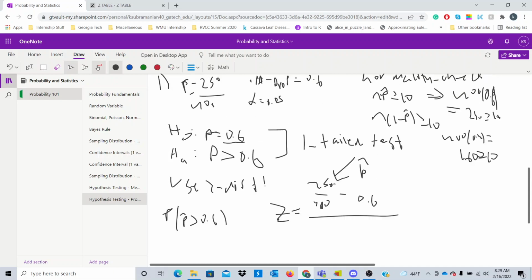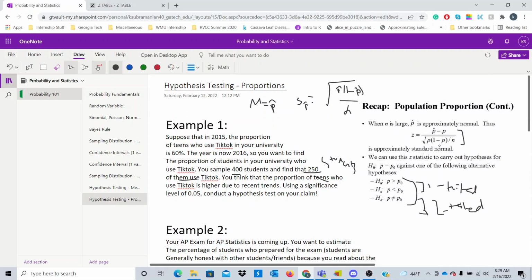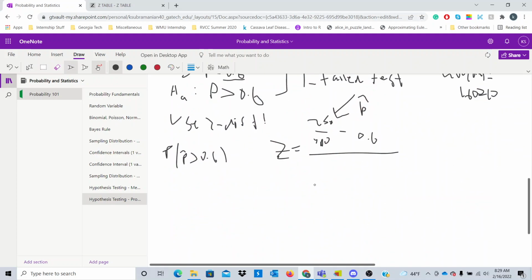Okay, now in our denominator, we need to figure out the standard error, or I guess the standard deviation of this distribution, right? So in our standard deviation for proportions, you want to use this center, right? Because this is the spread of our sampling distribution of proportions. We assume the center to be at 0.6. So we have to use 0.6 when we're calculating our standard deviation, right?